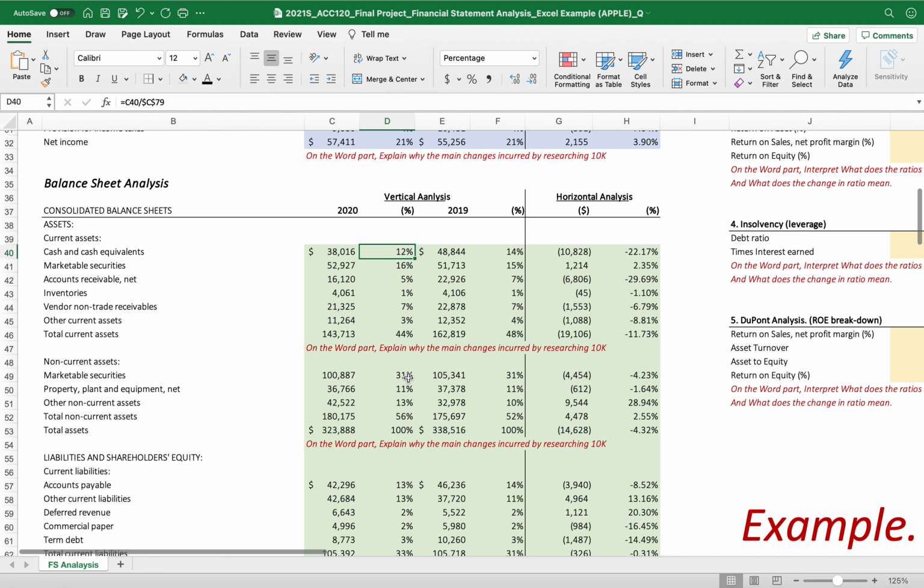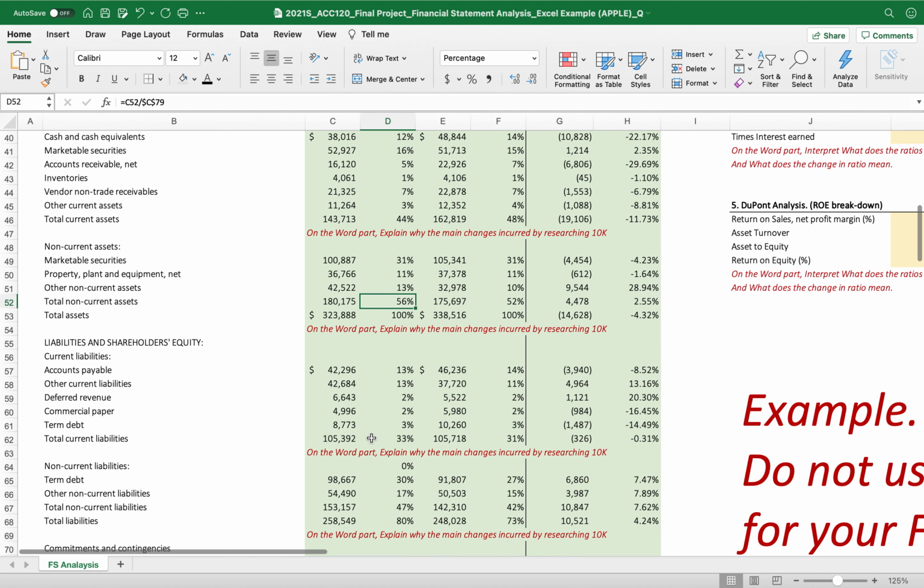And then what about the total non-current asset part? In opposite to the cash available portion, they spend more money into this non-current asset part, right? It shows 56% out of the total, right?